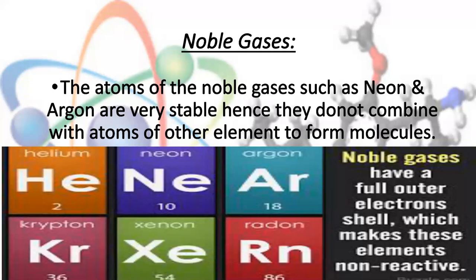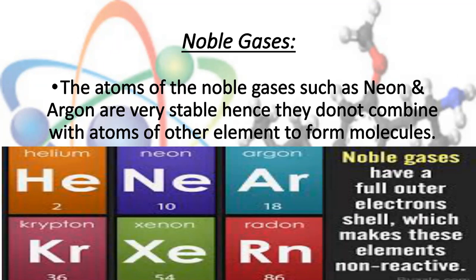Is it clear to all of you? I hope it must be clear. What are noble gases? Noble gases are those gases which have a full outer electron shell, or their outer shell is complete. And these qualities make them non-reactive.